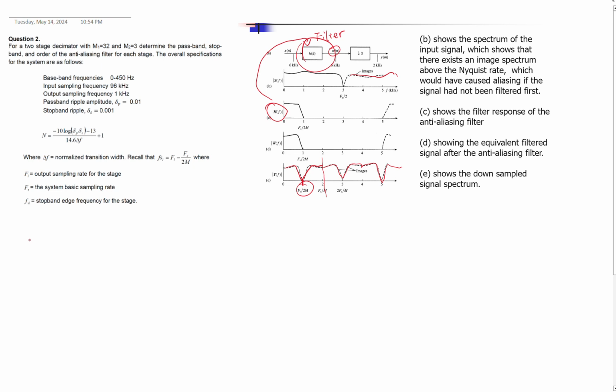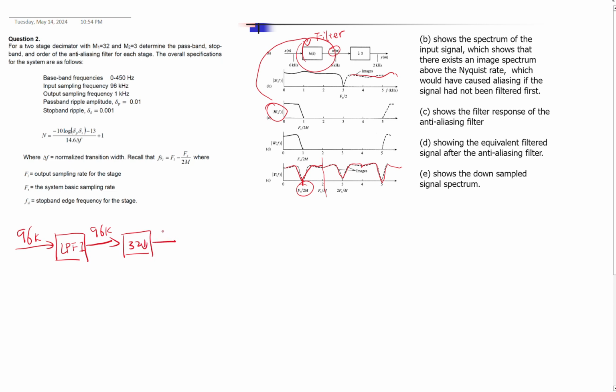The whole thing looks like this. We start with the input sampling frequency of 96 kilohertz. It goes in, and we need the first low pass filter, number 1. After this low pass filter it's still 96K, and then we do the first decimation stage.